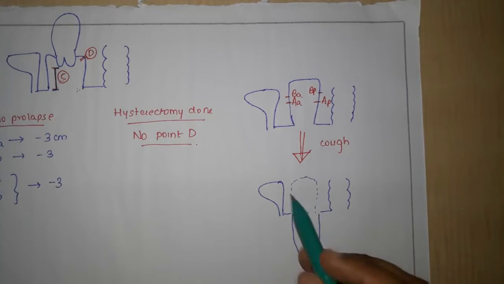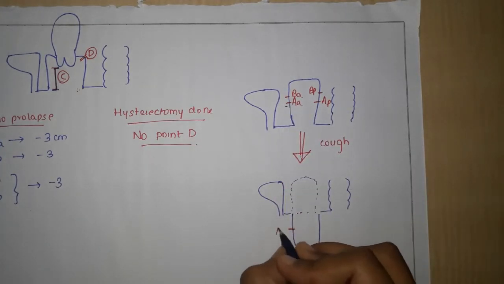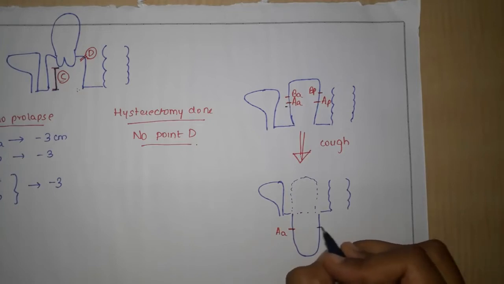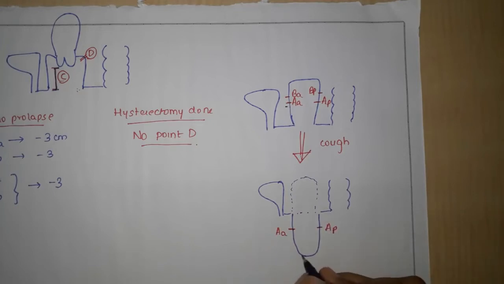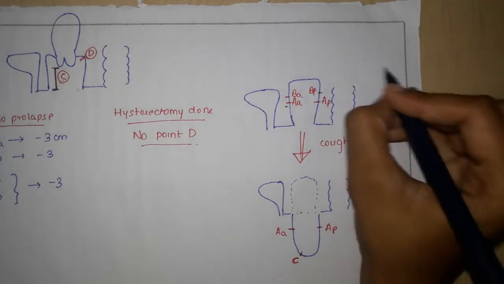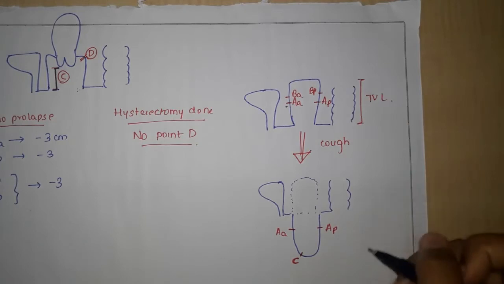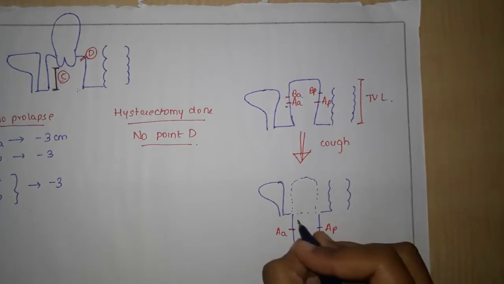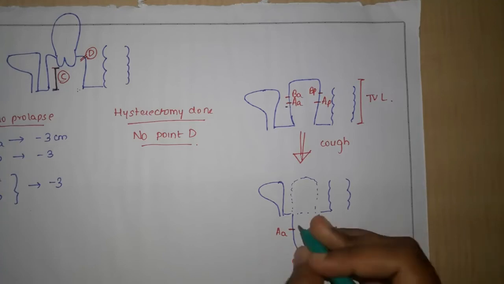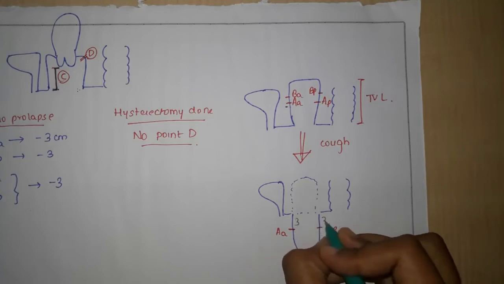So your anterior AA, which was initially here, is now here. AP is here. This is the cervix. Cervix is here. Okay, this was your total vaginal length before. In this case, remember, AA can go maximum only up to +3. So this will be 3, this will be 3.